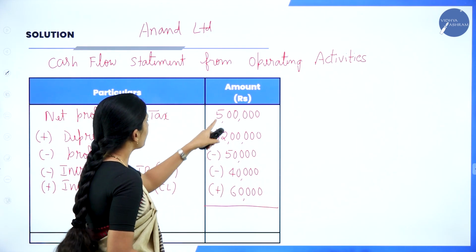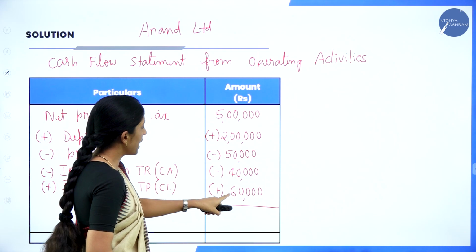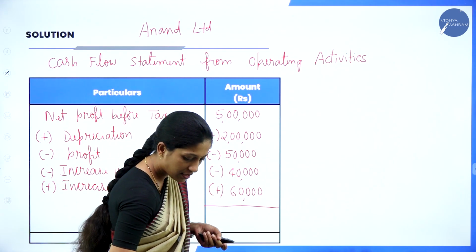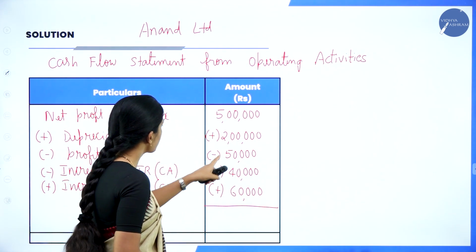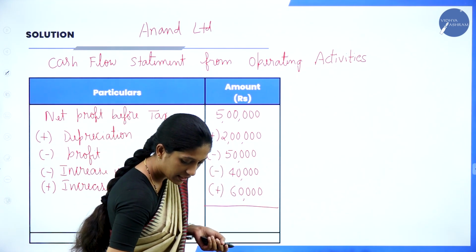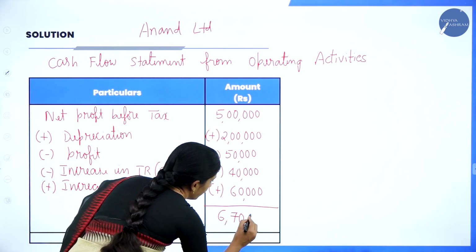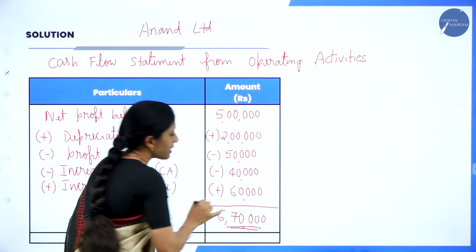Now, let us see when you total how much you will get. Here 5 lakh plus 2 lakh, so it will be 7 lakh. 7 lakh plus 60,000, 7 lakh 60,000 minus here 50,000 plus 40,000, that is minus 90,000. So, we will get 6 lakh 70,000. Now, the answer is positive.